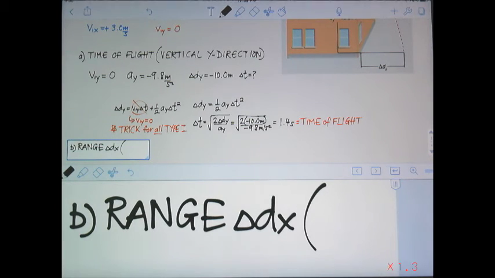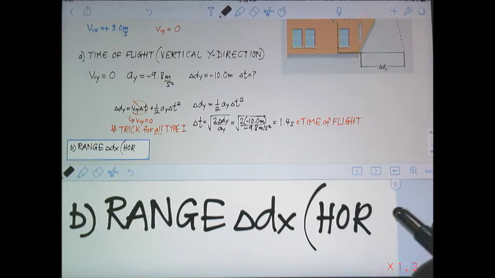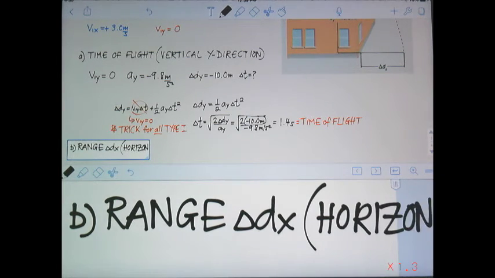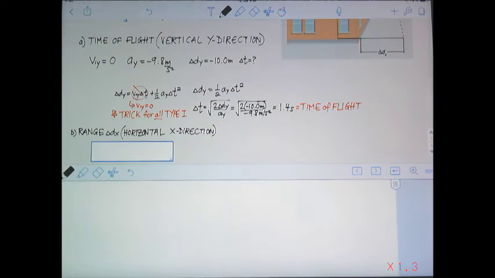When we're talking about horizontal displacement, we're obviously looking in the horizontal direction, or the x direction. So when answering questions about horizontal motion, you can only collect horizontal information.